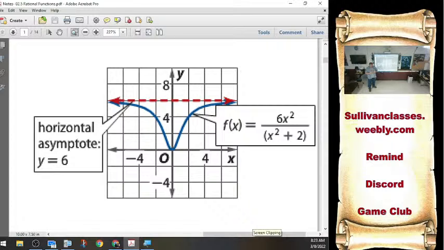Okay? Normally. I say normally because vertical asymptotes you will not go through until Calc 2, maybe. But starting today and tomorrow, we can go through horizontal and oblique asymptotes under the right conditions.